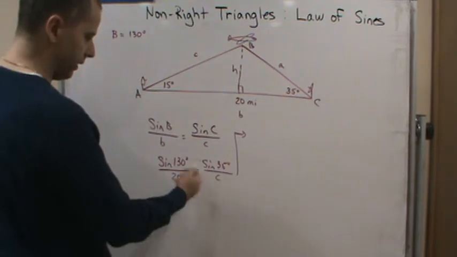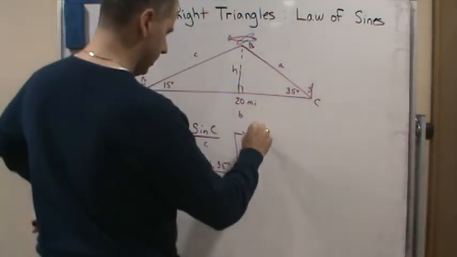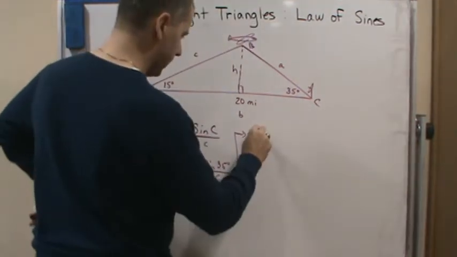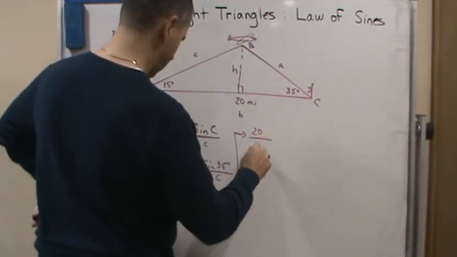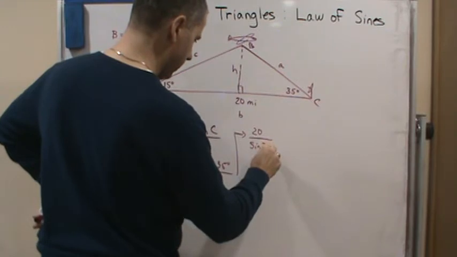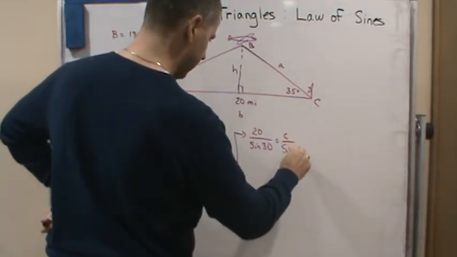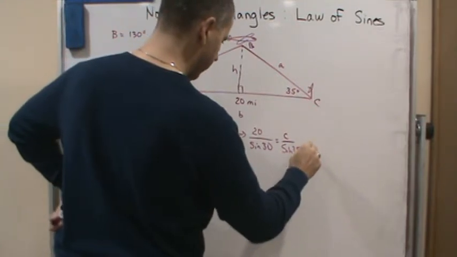Of course, I'm going to take the reciprocal of both sides. So that's going to be 20 over sine 130 is equal to c over sine 35 degrees.